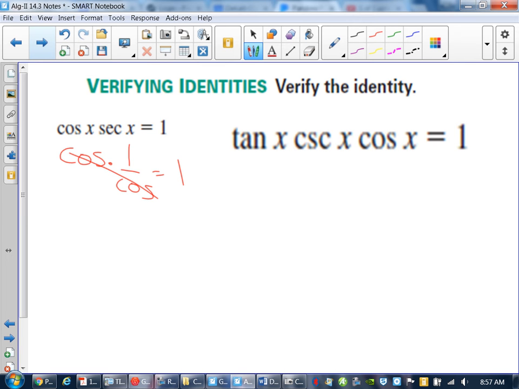If I rewrite all of these parts in terms of sines and cosines, I might have more of a clear picture as to what's going to simplify out, okay? And I just go bit by bit. Since it's multiplying, it's pretty quick. Tangent is sine over cosine. Cosecant is 1 over sine. And then cosine is just plain old cosine.